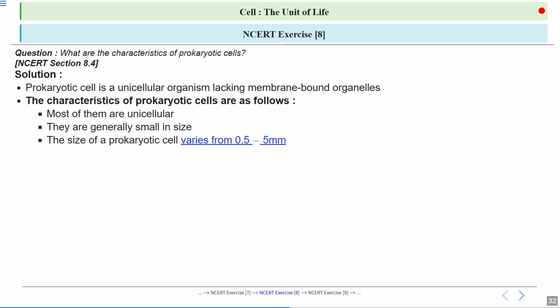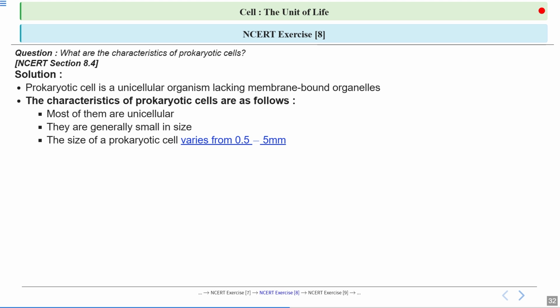DNA is negatively charged, so it is bound to positively charged proteins. These are histone-like proteins. Actually, histones are absent in prokaryotes; they are present only in eukaryotes. Like in eukaryotes, where the DNA is wrapped around histones, here also the negatively charged DNA is bound to positively charged histone-like proteins.